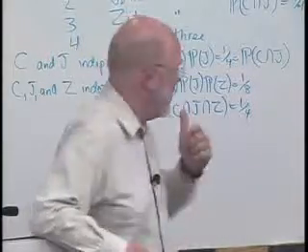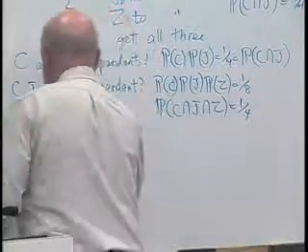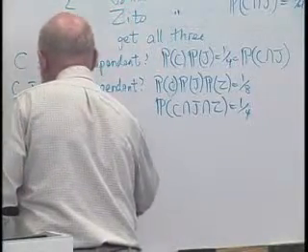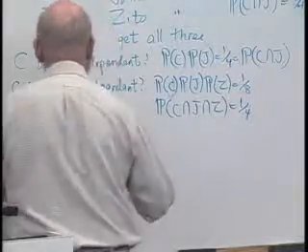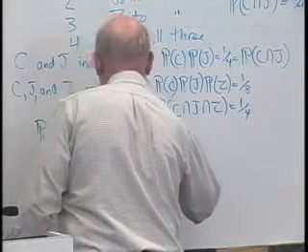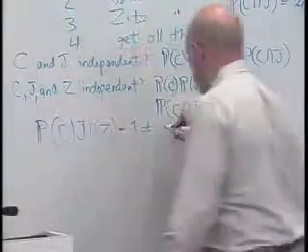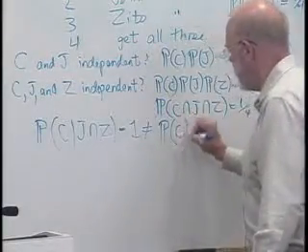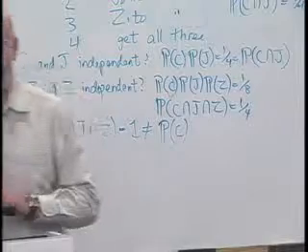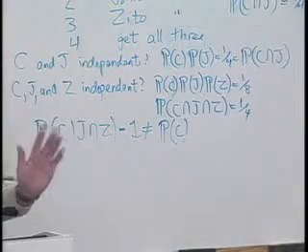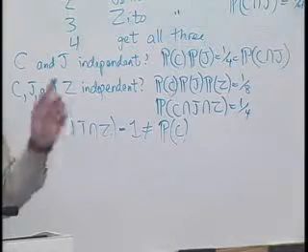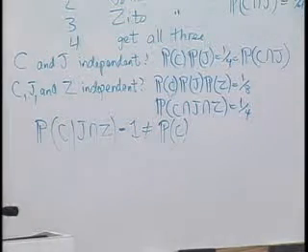So that means that the probability of the event Clemens conditioned on the intersection of Johnson and Zito is 1, which is not equal to the probability of getting Clemens conditioned on nothing. So these three events, no matter how you want to look at it, are not independent of one another, even though they're independent in pairs.